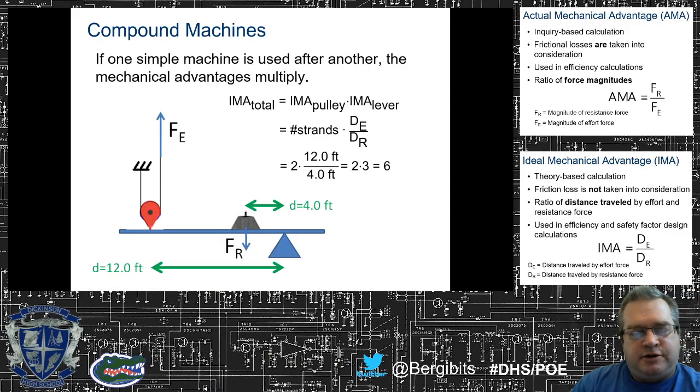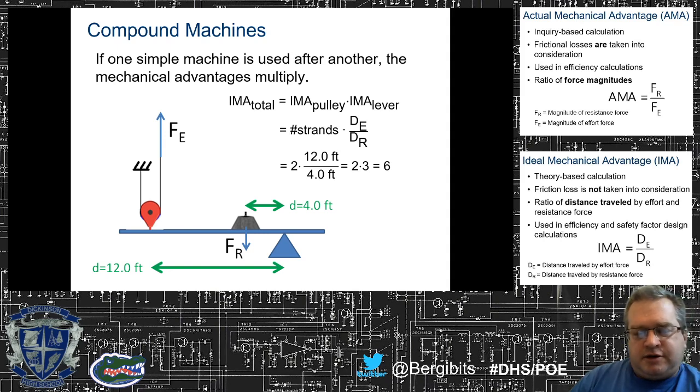All right, compound machines. A compound machine is anything where you put two machines together. In this case, you have a pulley system and a lever. You have to figure out the IMA, AMA, and efficiency of this compound machine by combining your measurements. So IMA total equals IMA pulley times IMA lever.